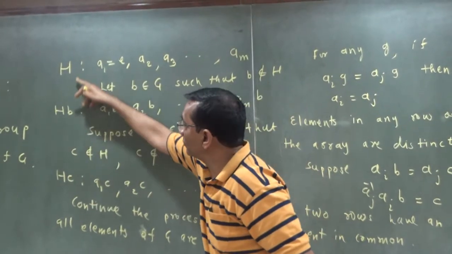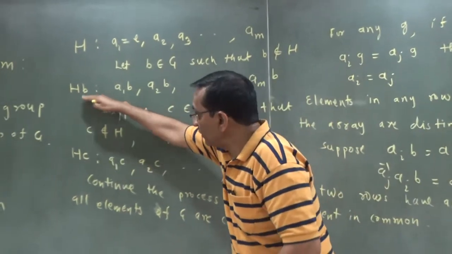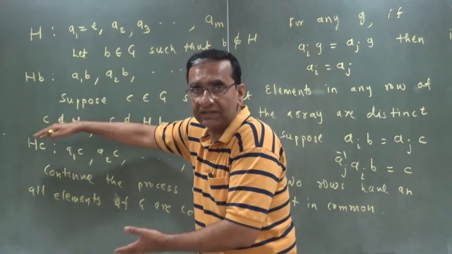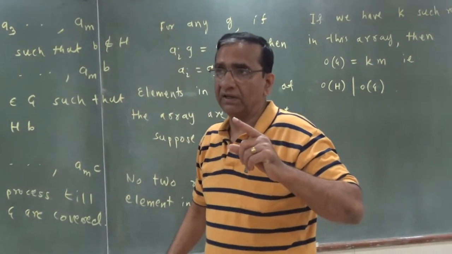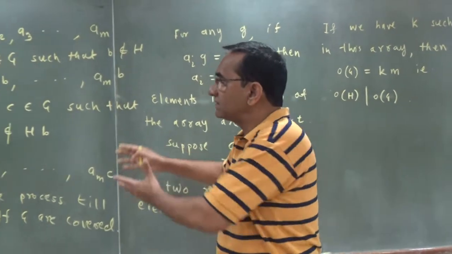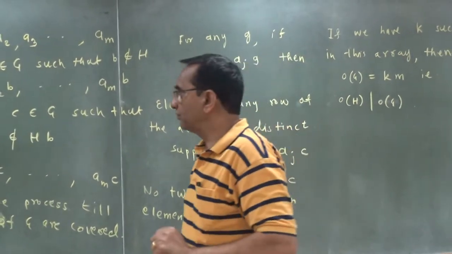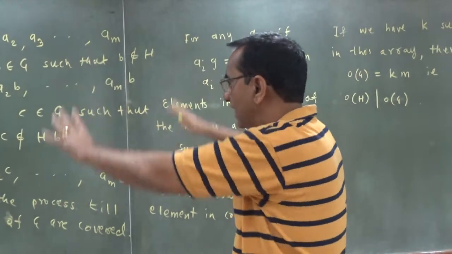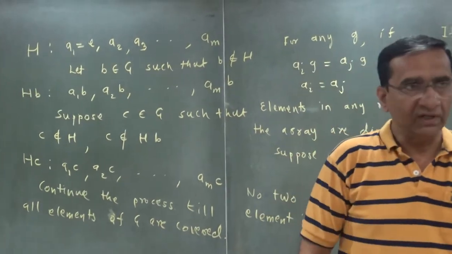Any two cosets have the same number of elements. And any two distinct cosets are disjoint. So in that language perhaps you will see the proof in any standard books. But this is in some sense the classical version of the proof, where we can just look at this array and convince ourselves that the order of H divides the order of G.